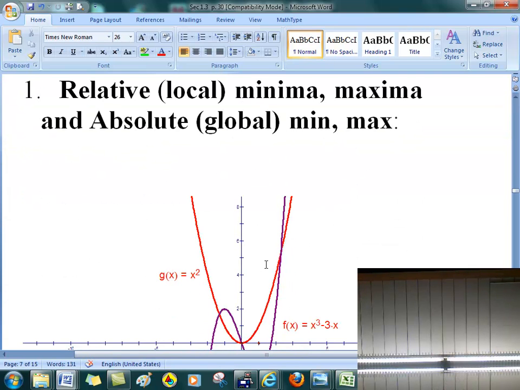Okay. Maximum, minimum, and what I call local and global. Get this graph down, and then I'll start explaining. You guys got the title there?